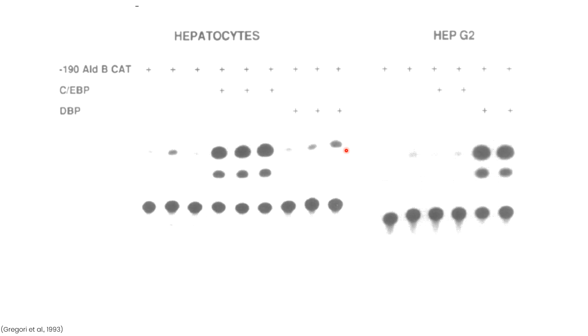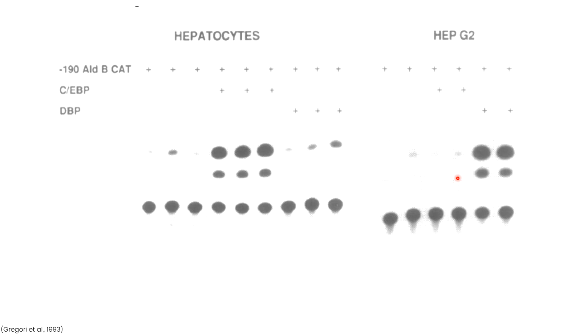Now let's do the opposite comparison with our CEBP, okay? With the opposite comparison, we also have the opposite pattern. It's capable of activating in our hepatocytes, but very little in our Hep G2 cells.